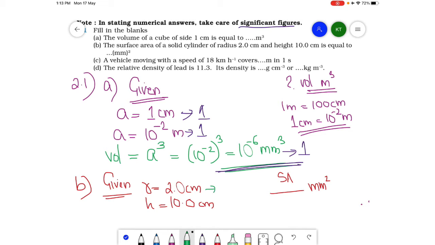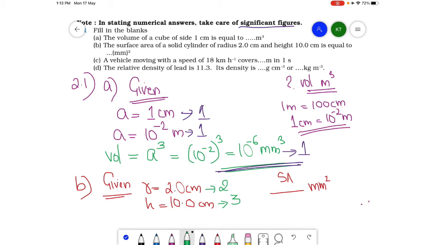Now, how many significant figures are there in this? It is 2. Because even if it was just 20, the answer would have been just 1. The trailing zeros are insignificant. But here, since we have the decimal point, the 0 is valid. So it becomes 2 significant digits. Height also. The number of significant figures here is 3 because of the decimal point here.